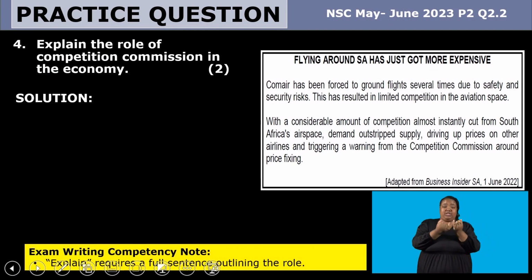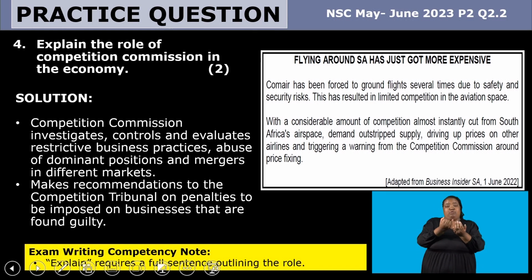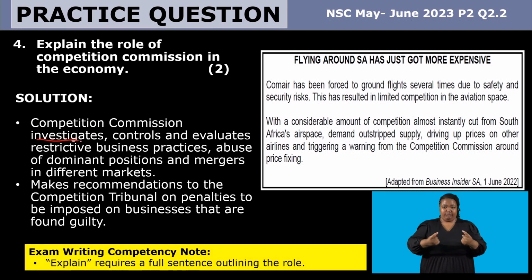Explain the role of the Competition Commission in the economy. The Competition Commission investigates, controls, and evaluates restrictive business practices, abuse of dominant positions and mergers in different markets. It also makes recommendations to the Competition Tribunal on penalties to be imposed on businesses that are found guilty.